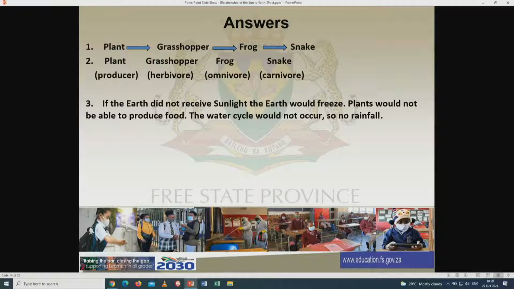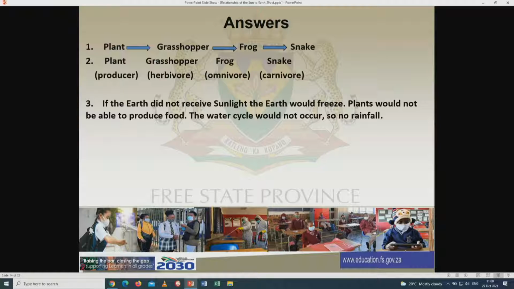Your answer should have some of these terms: if the earth did not receive sunlight, the earth would freeze, plants would not be able to produce food, the water cycle will not occur, and therefore we won't be having rainfall.